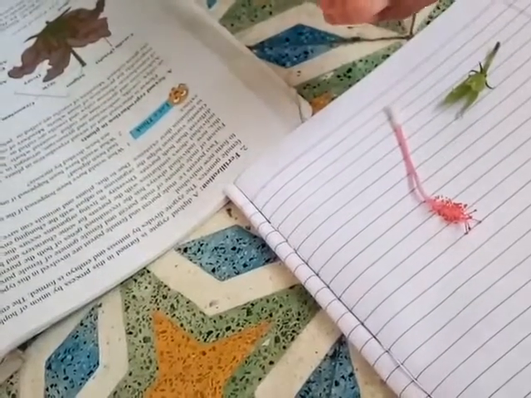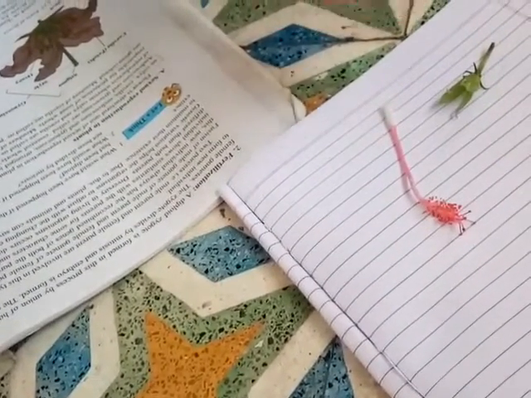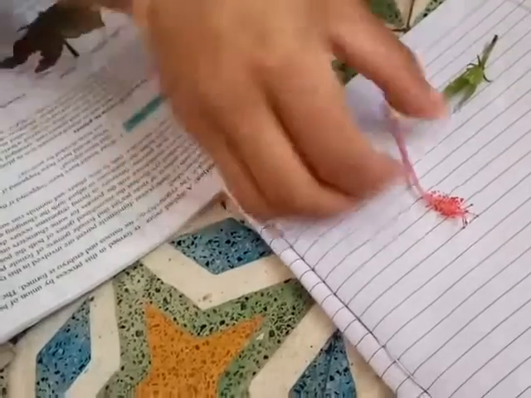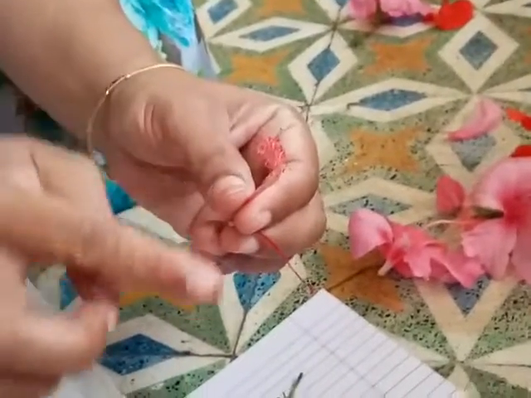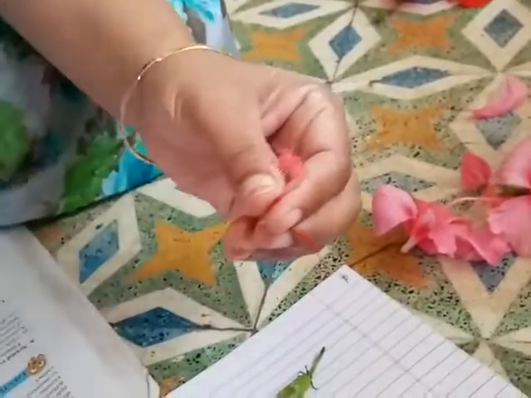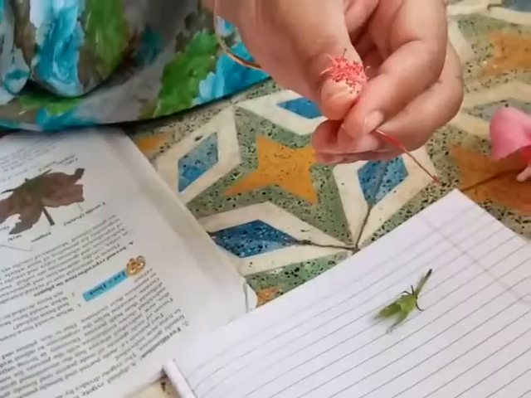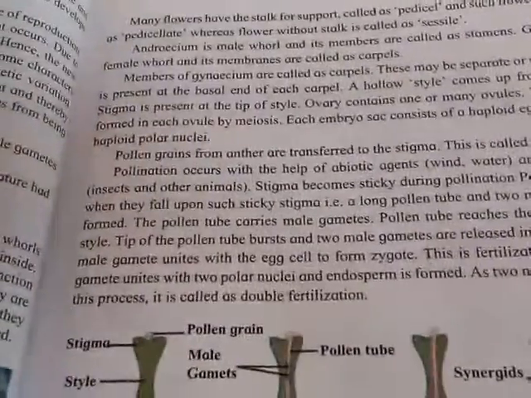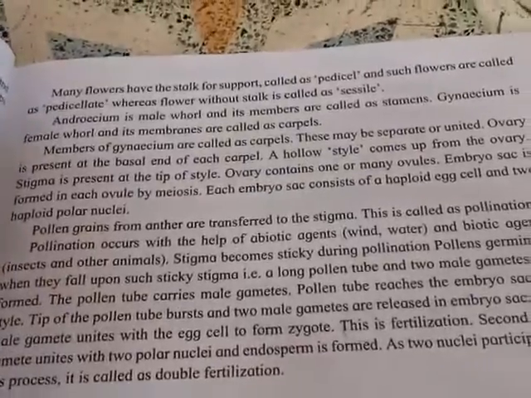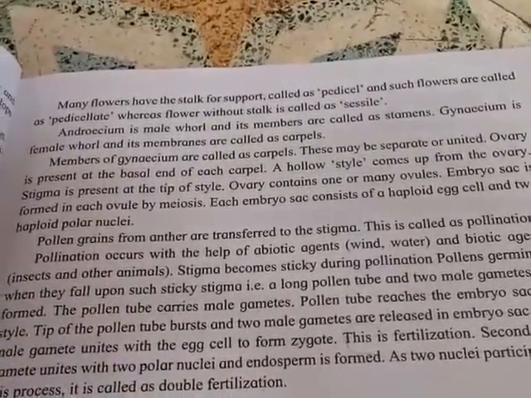This migration of pollen grain from the anther to the stigma of the female flower is known as pollination. Pollination is helped by abiotic agents, that is wind and water, and biotic agents like insects and other animals.